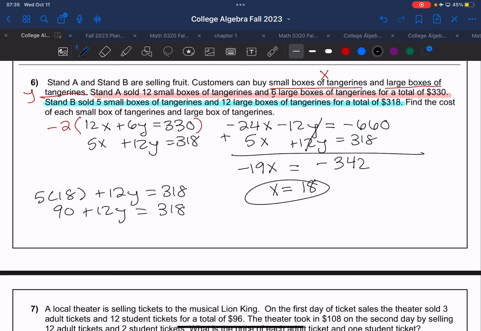So then we do 318 minus 90. So we have 12y is equal to 228. We divide both sides by 12, and we get y is equal to 19.